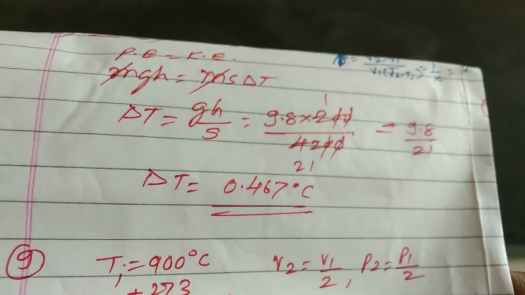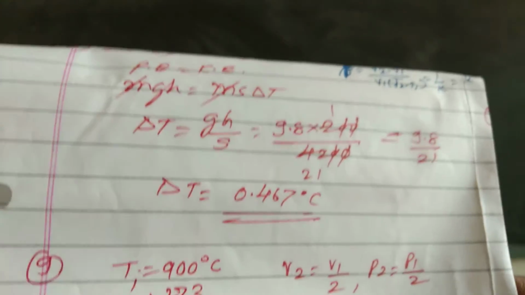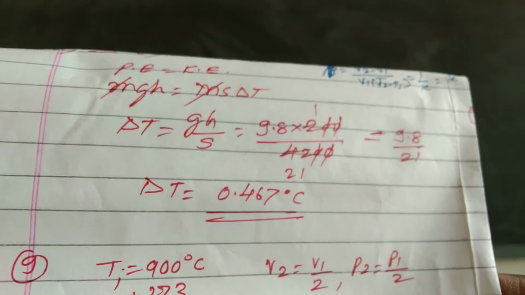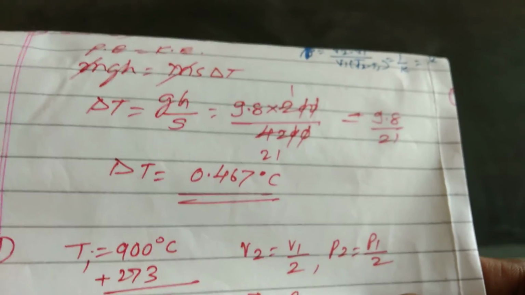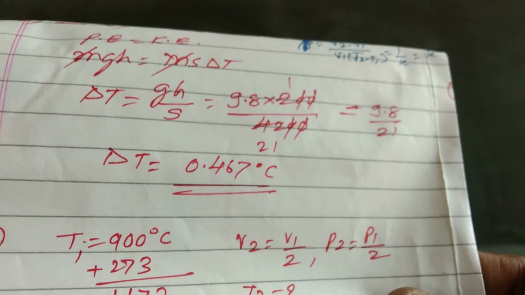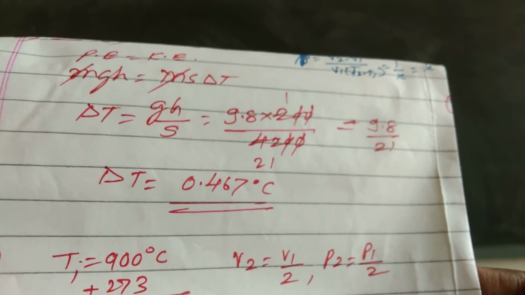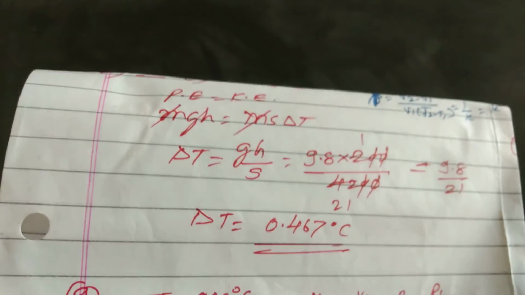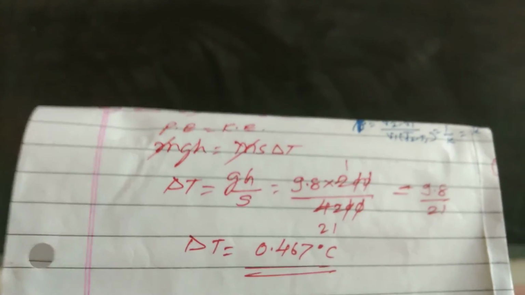Substitute the value of g equal to 9.8, height 200 meter, specific heat 4200. When we solve this, we get 9.8 upon 21. After calculating the value, we get temperature difference delta T equal to 0.467 degrees Celsius. So the correct answer is option C, 0.46 degree Celsius.